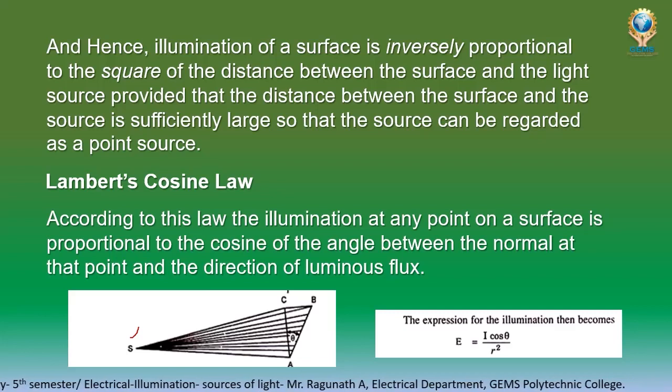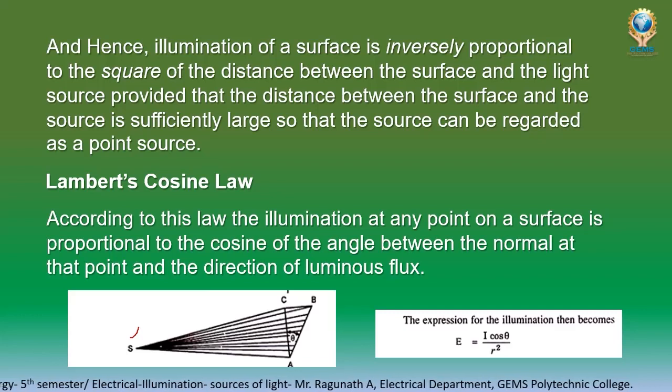For the cosine value of this angle, the illumination will be directly proportional. Actually we know that if the theta value is 0, cos 0 equals 1. Cos 30 value will be root 3 by 2.